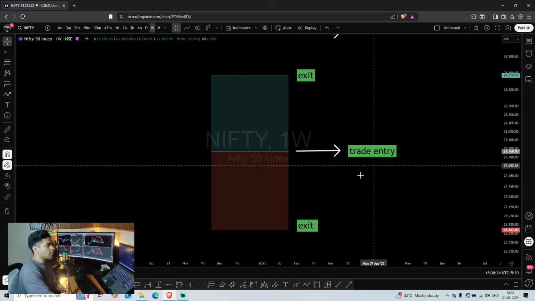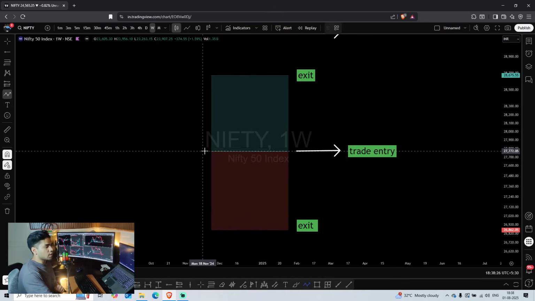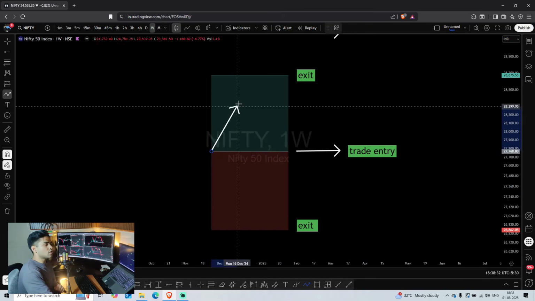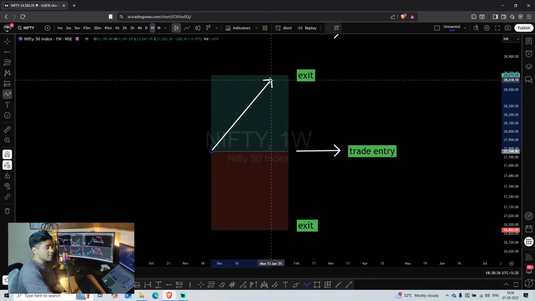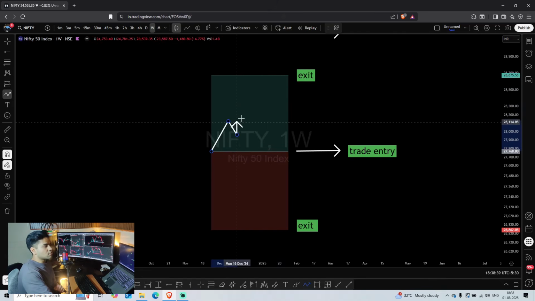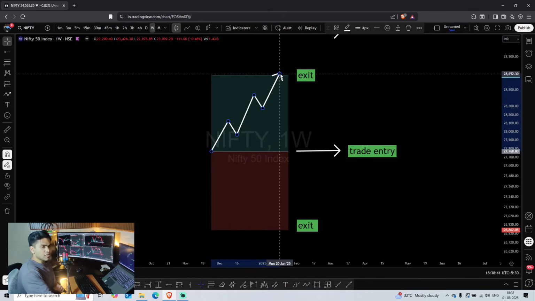Let's say that you have taken a buy position, a long position. Whenever you take a long position in the markets, that means you are focused on the price moving from this place to the top side. For that to happen, the price will go in that manner only. As I told you in the starting, with the supply and demand theory, the price action will take place here.